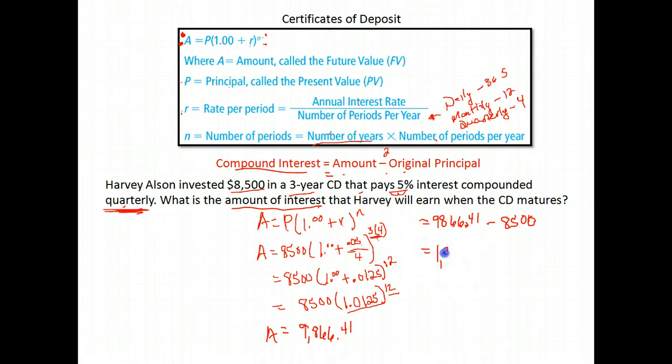And we get $1,366.41 is the amount of interest that he earned when the CD matures. That means when it reaches its end.